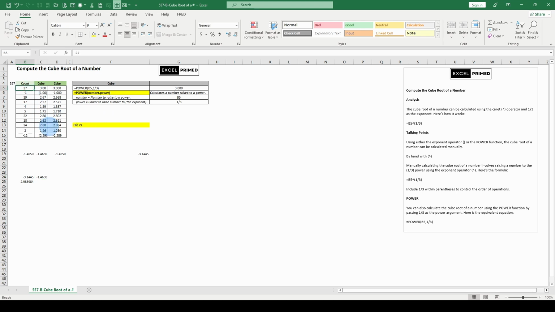So you have 27, which is the cube of 27. And for simplicity, I just made it really easy. So 3 times 3 times 3 is 3 times 3 is 9 times 3 is 27. -1 times -1 times -1 is -1. And then you can look at the rest of this information.